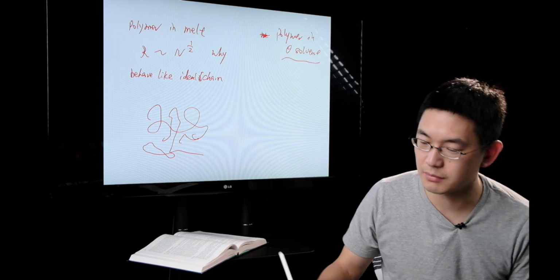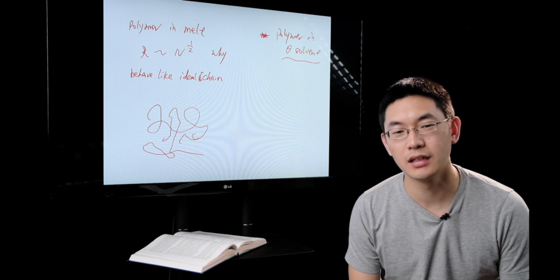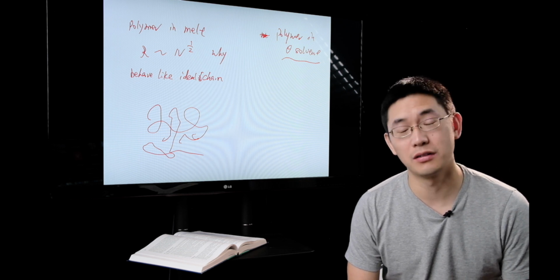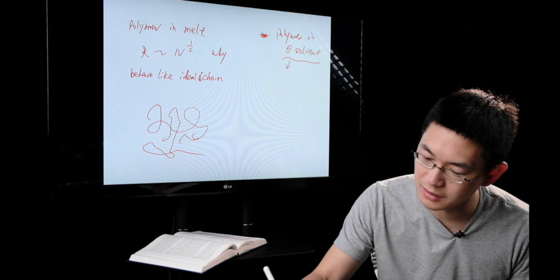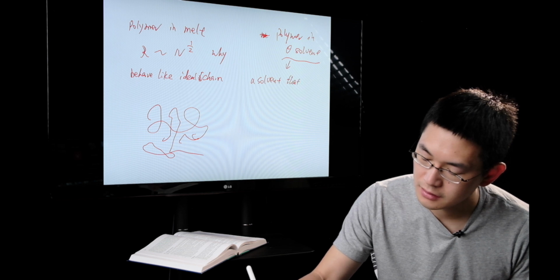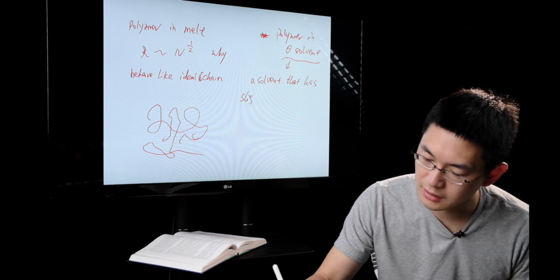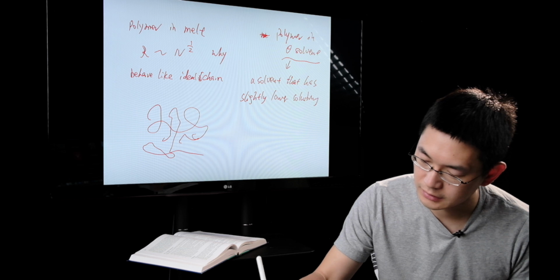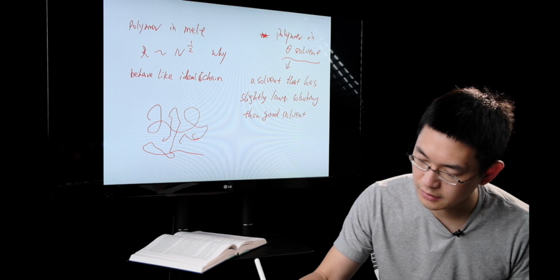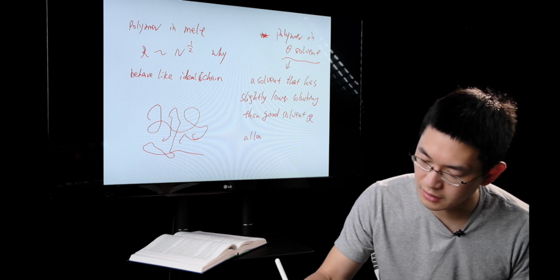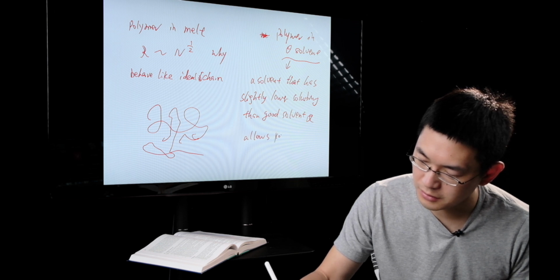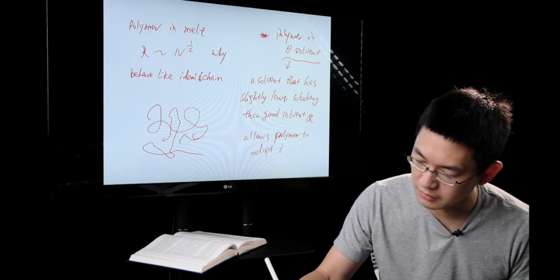Okay, what is a theta solvent, by the way? It's not like a magic solvent or fancy solvent. Historically, people just call it a theta solvent, and basically it describes a solvent that has slightly lower solubility than a good solvent, and this happens to allow the polymer to adopt an idealized chain conformation.